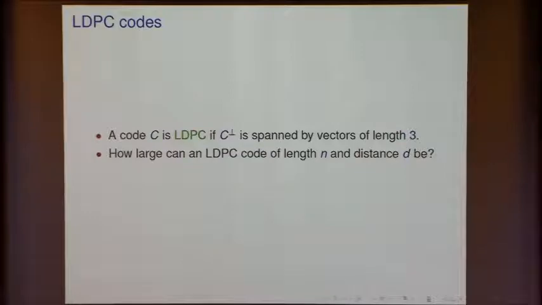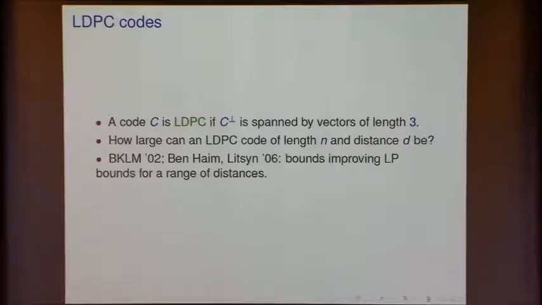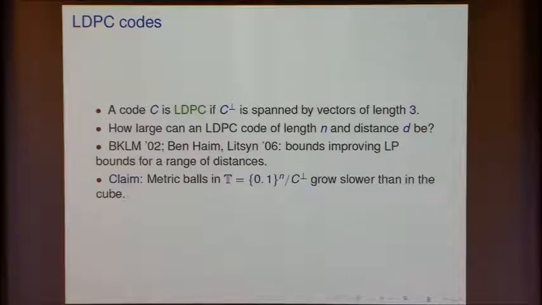We now have a linear packing of Hamming balls in the discrete cube with an additional structure. The structure is that the dual space is spanned by low weight vectors. And we have bounds. There are bounds by Burshtein, Krivelevich, Litsyn, and Miller in 2002, and Ben-Haim and Litsyn in 2006, improving linear program bounds because we have additional structure.